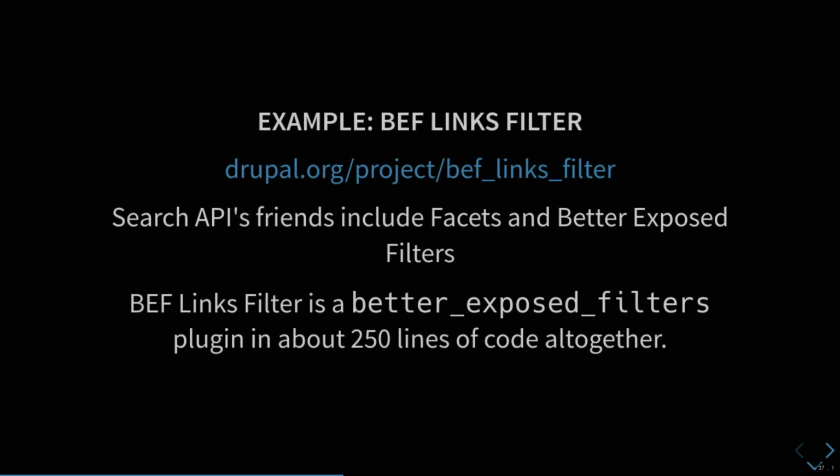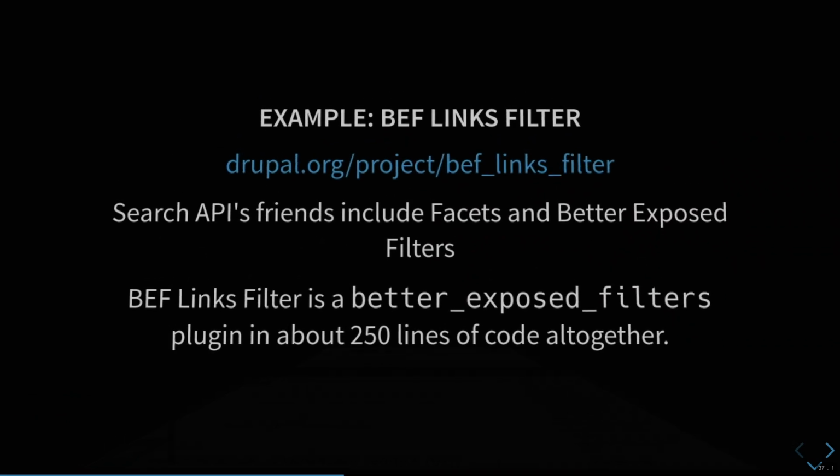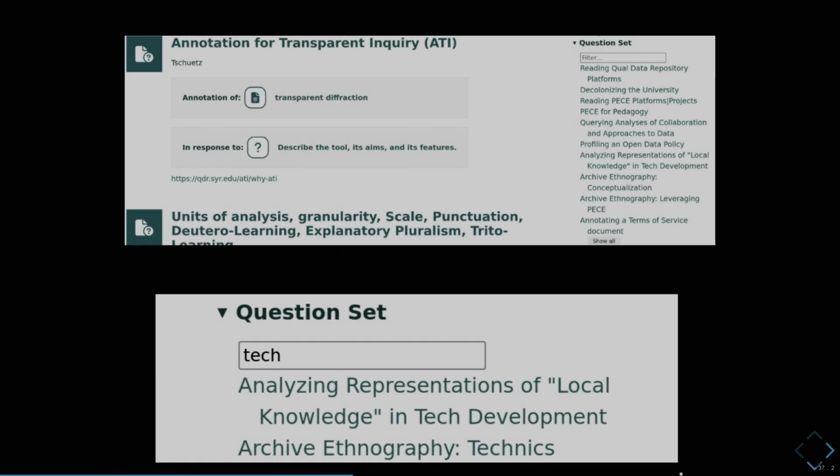So an example is the Better Exposed Filters module. We contributed a links filter module, which is confusing because Better Exposed Filters is, of course, filtering, but it's building on Search API. It's part of the Search API and Facets ecosystem, where it really shines. So when you have there, we go down. Hopefully I haven't missed too many down arrows on my presentation.